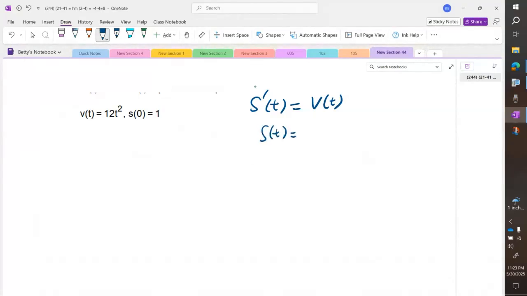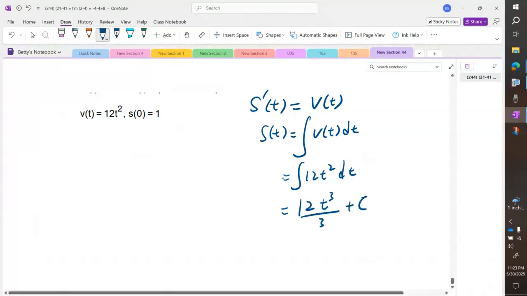So s of t would be the integral of v of t, right? Plus c. Plus c is later. Okay, so we're gonna have v of t is 12t squared dt, and it keep 12 and t cubed over 3 plus c is 4t cubed plus c.